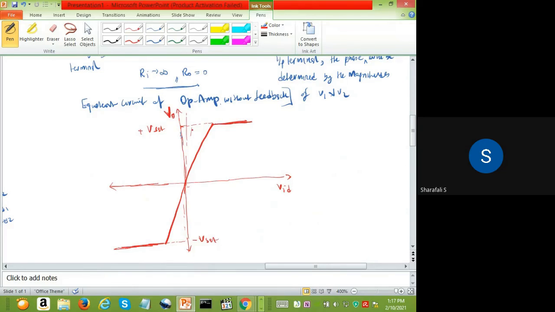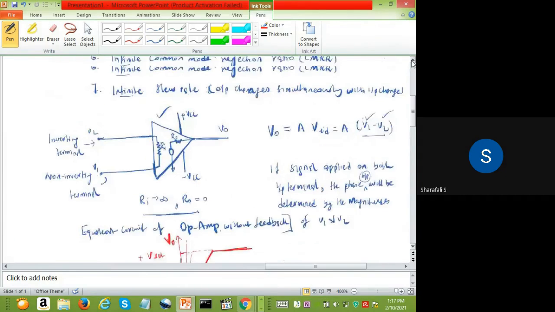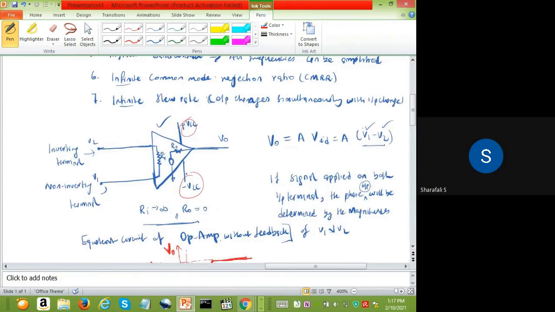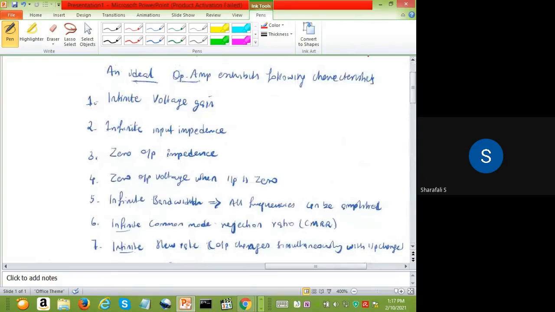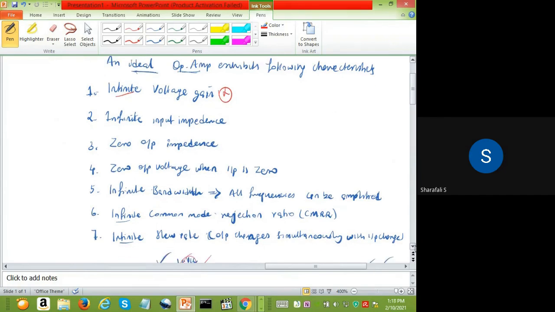But we never get infinite gain because we are applying plus VCC here, minus VCC here. The maximum voltage that you will get is plus VCC or minus VCC. More than that, you will not get. So when you say infinite gain for the ideal case, that never will happen in practical amplifiers. We will not get infinite gain because of the biasing voltages plus VCC and minus VCC.